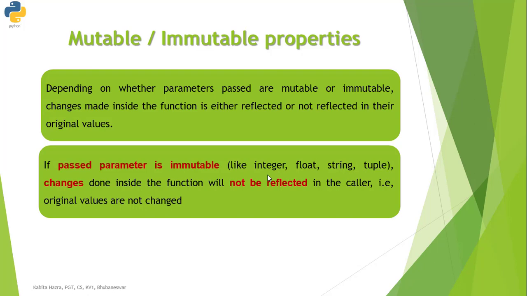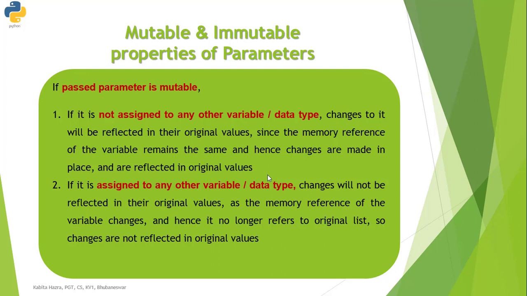That depends on whether or not it is assigned to any other variable or data type. If it is assigned to any other variable or data type, then changes will not be reflected because the memory reference changes.